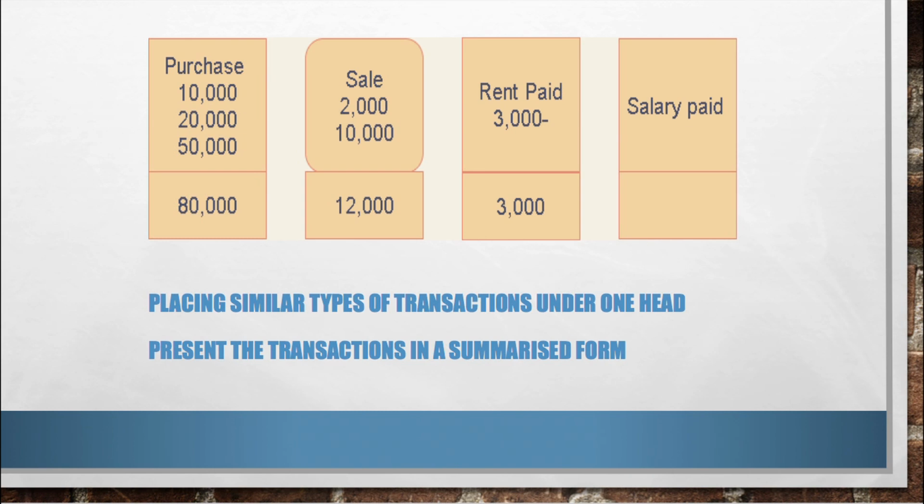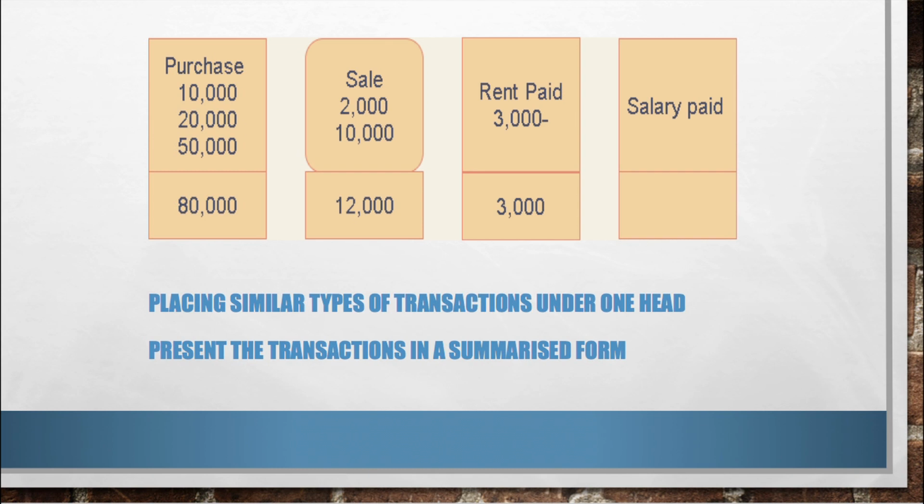It may be 30 days, maybe 50 days, maybe 3 months, maybe 1 year. So the total amount of purchase in our example is 80,000 for 6 days. At a glance we can see what is the total amount of purchase. We can answer spontaneously. Accordingly, we have applied the same theory to sale transactions and the total amount of sale is 12,000.